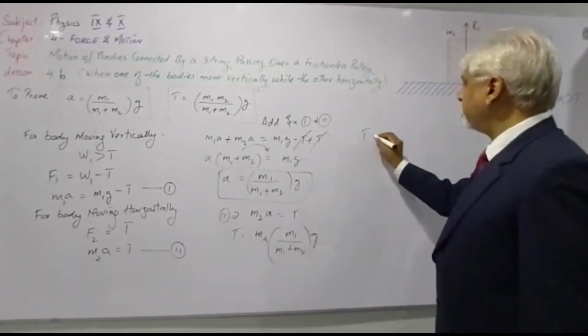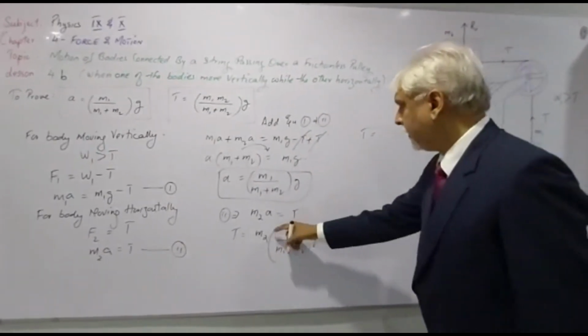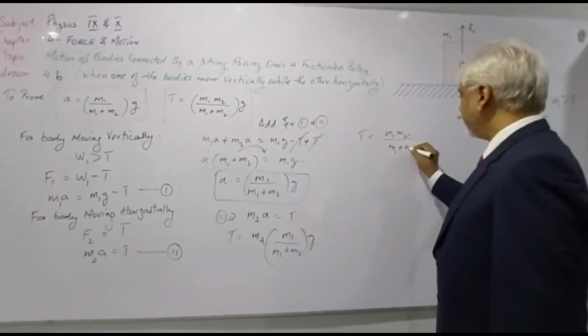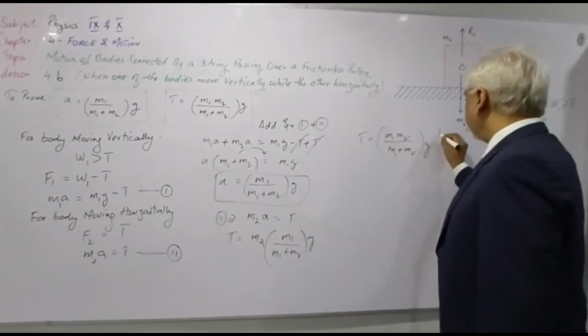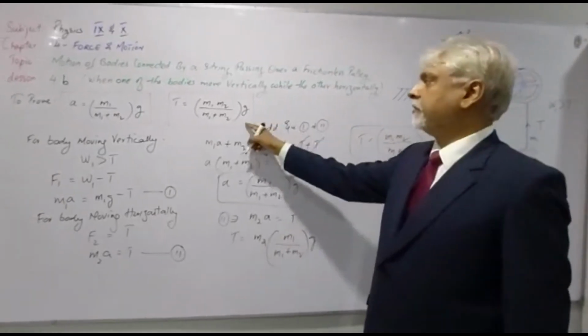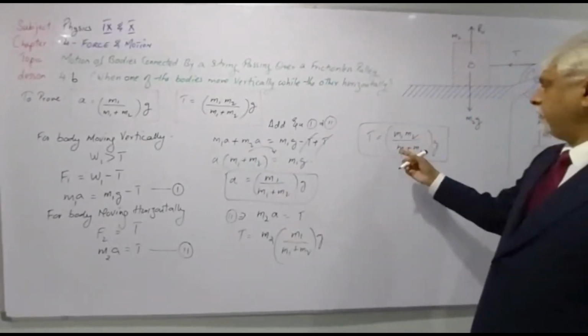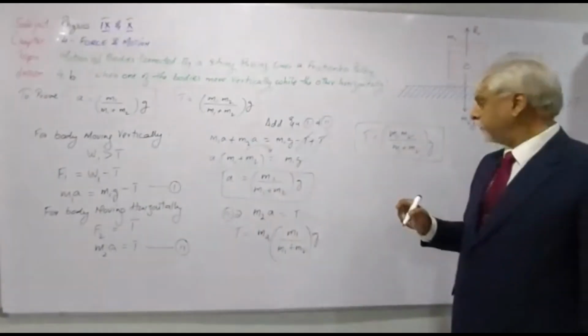Hence we get tension T equals m1 times m2 over (m1 plus m2), the whole multiplied by g. There you are. So we have just proved that T equals the product of two masses m1 m2 over the sum of two masses m1 plus m2, times g.